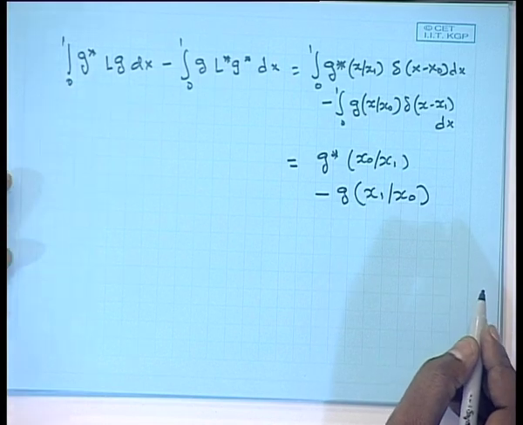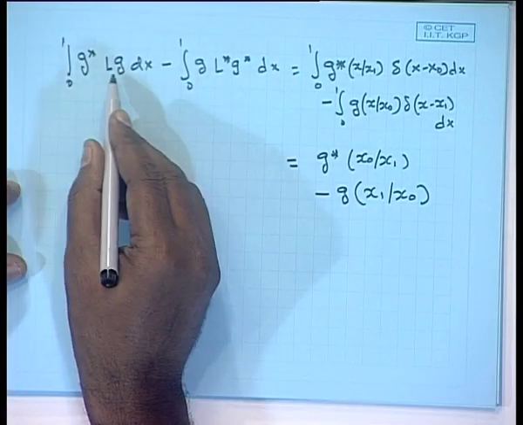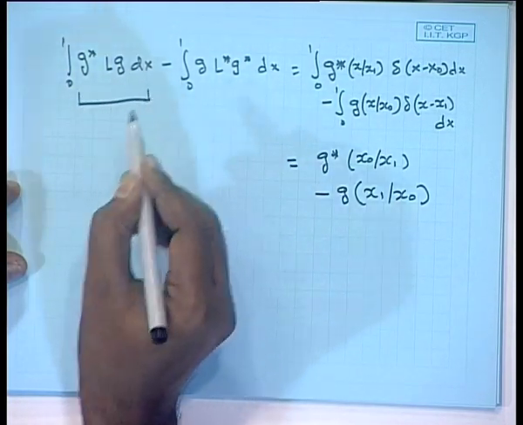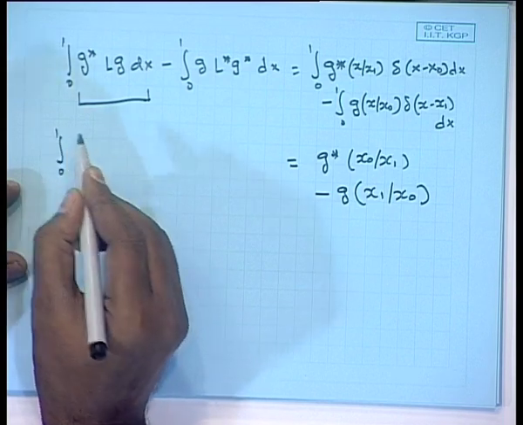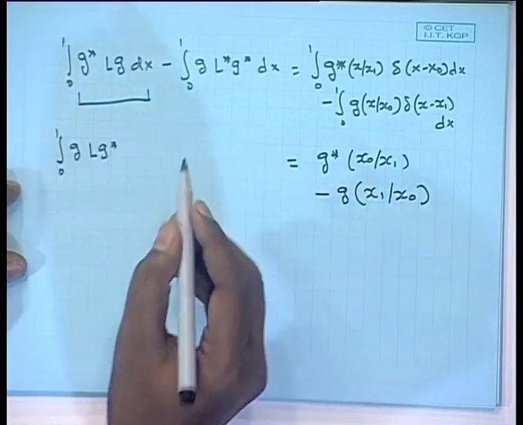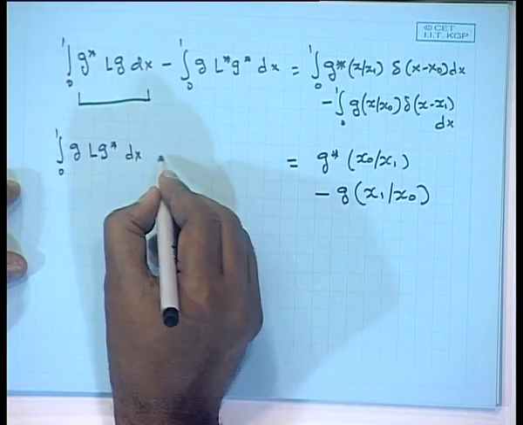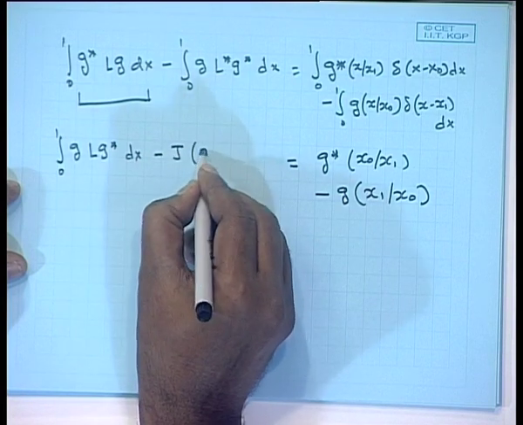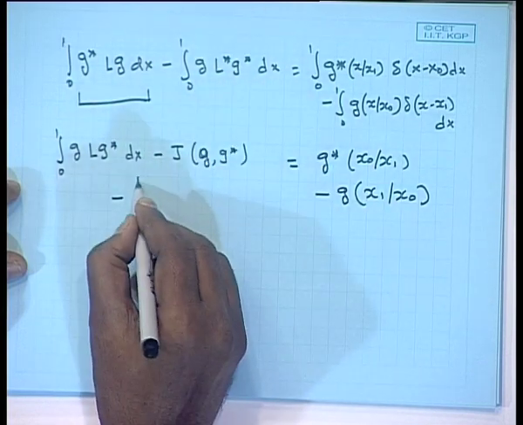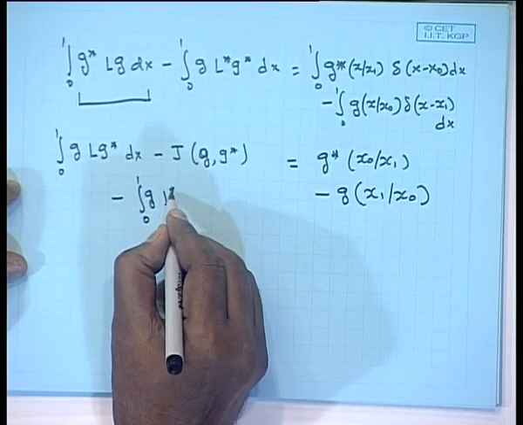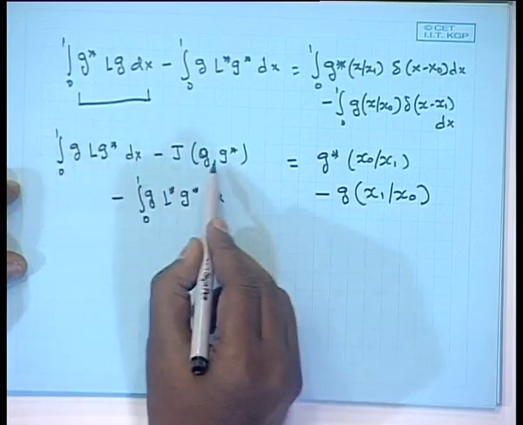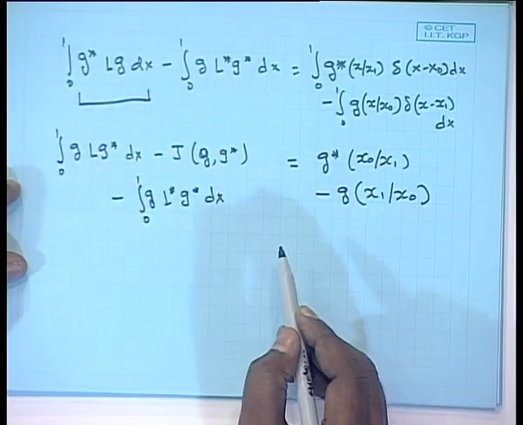Now, since L and L star are adjoint operators, we can write this equation as integral 0 to 1 of G L star G star dx, with the bilinear boundary term J of G and G star, minus integral 0 to 1 of G star L G dx. We derived this relationship in the last class.